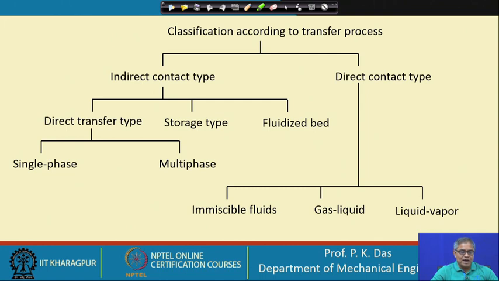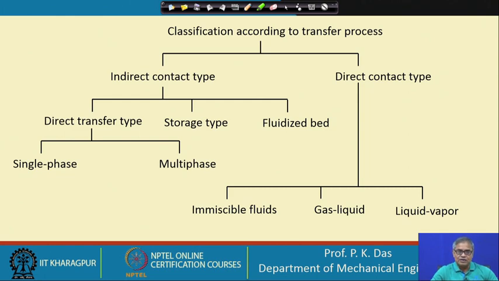The direct contact type could again be single phase, and it could also operate in multi-phase. Then there could be storage type and there could be fluidized bed. In all these cases the two fluid streams are not contacting each other, whereas in direct contact there is immediate mixing between the two fluid streams, and that is why there is a limitation on what kind of fluid streams can be used.